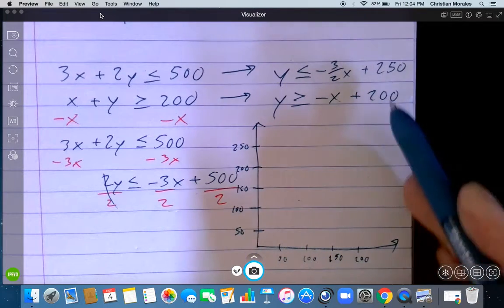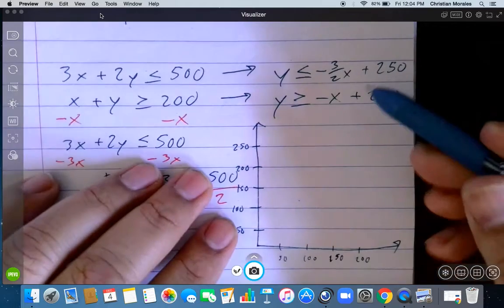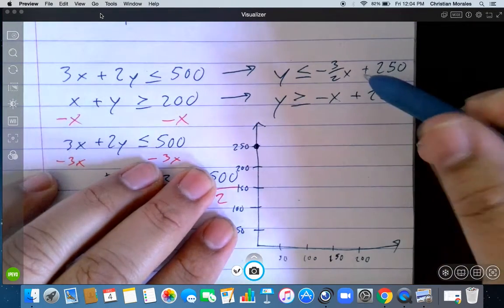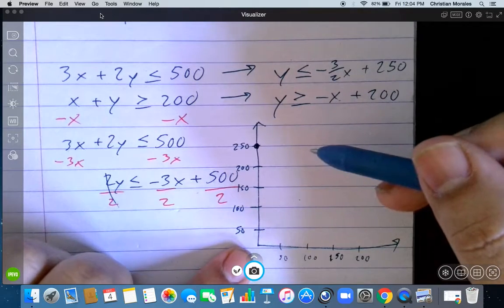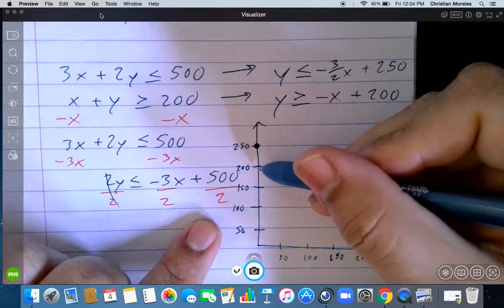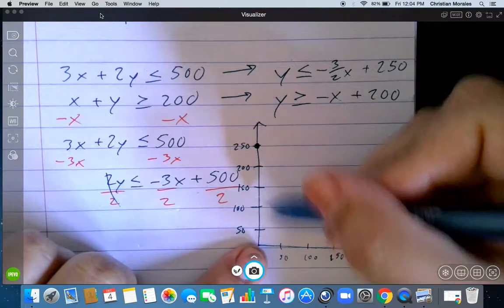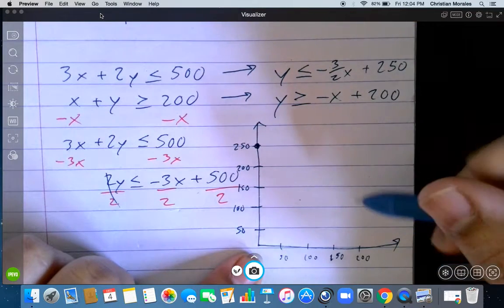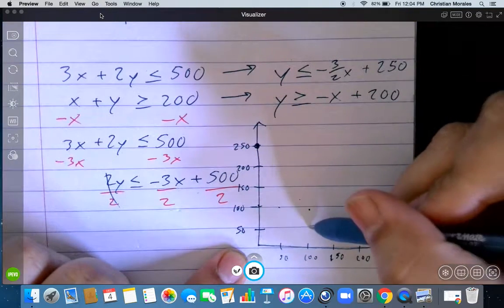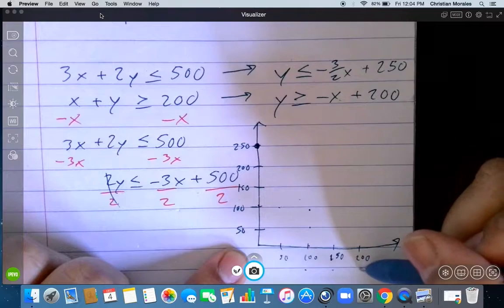Okay, so the first line starts at 250. The slope is down 3 over 2. So I can count the spaces to do this because I have the same intervals. So down 3, over 2, 3 over 2. 1, 2, 3 over 2.